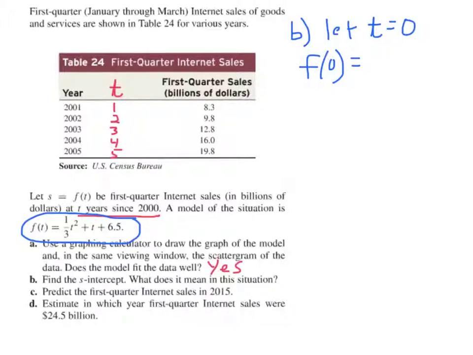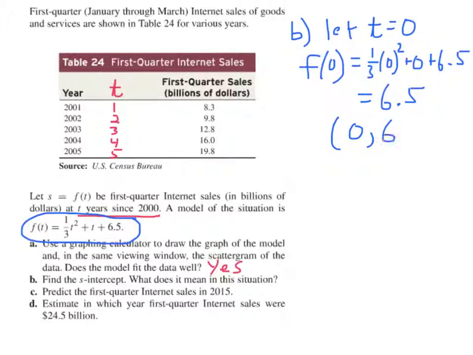We'd get 1/3 times 0 squared plus 0 plus 6.5. And that's just going to come out to be 6.5. So as an ordered pair, when t is 0, s, or the sales, is 6.5.